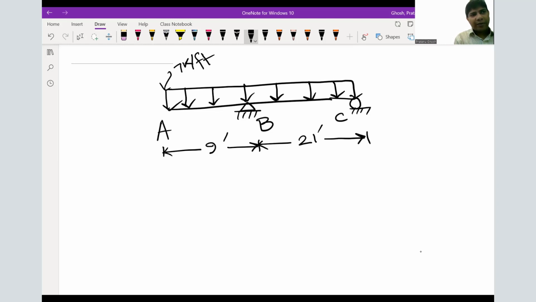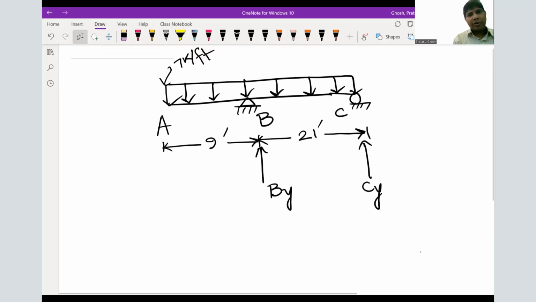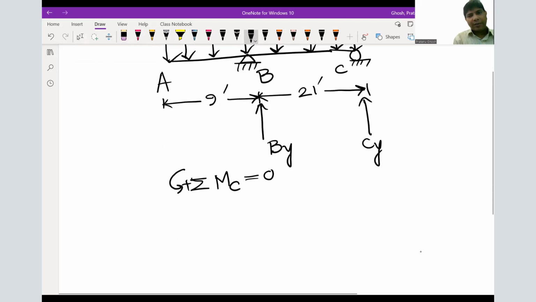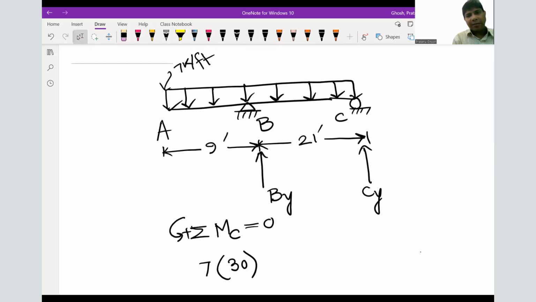So we have our By, we have our Cy, vertical reactions. So let's do that. Taking the moment about C, one of the supports, 7 times 30, and it is exactly acting in the middle.